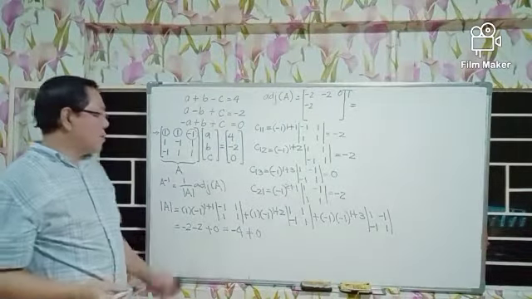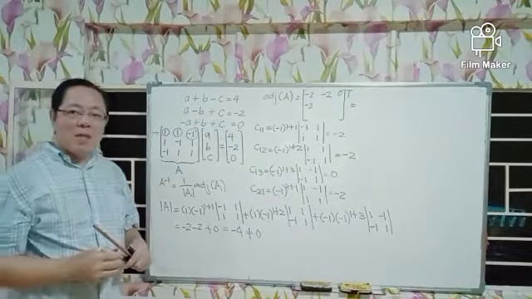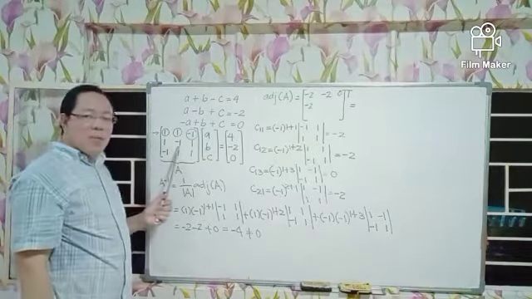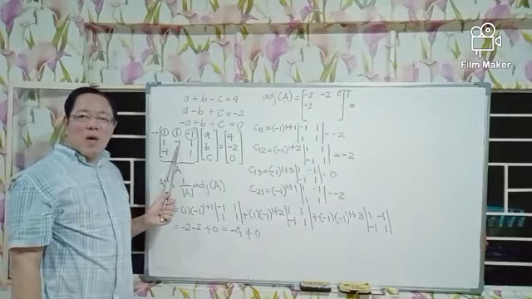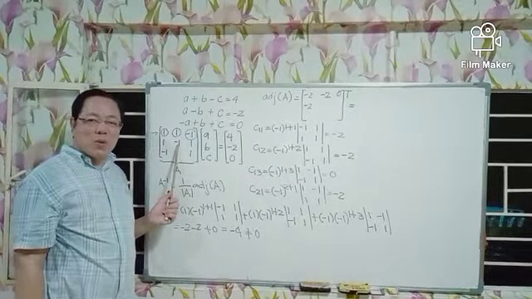Now the cofactor of negative 1, this entry belongs to second row and second column. Hence cofactor of negative 1 is denoted by C sub 22.